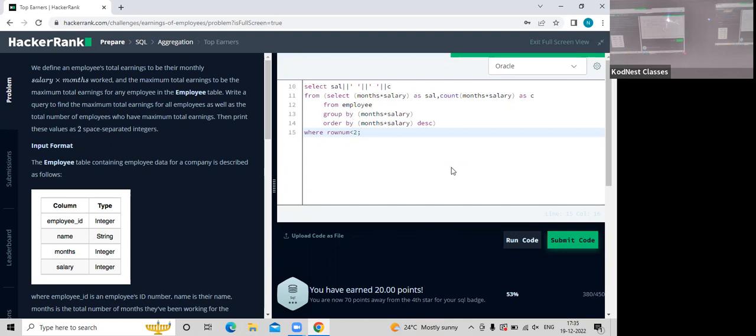Maybe some parentheses you would have missed. Just take a picture and verify. See here, two spaces I've concatenated. All of these things you have to be observing.